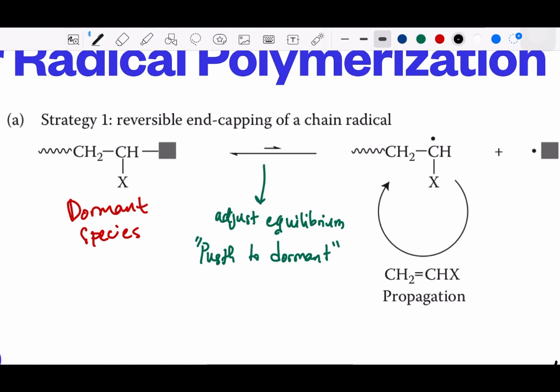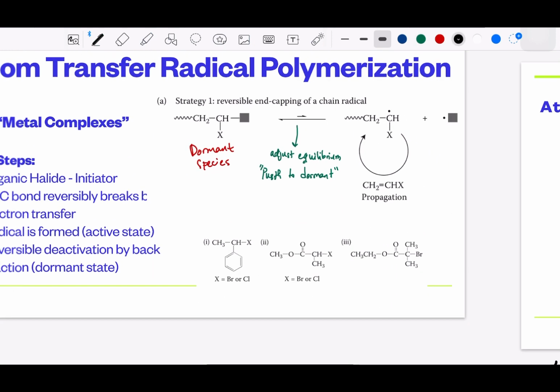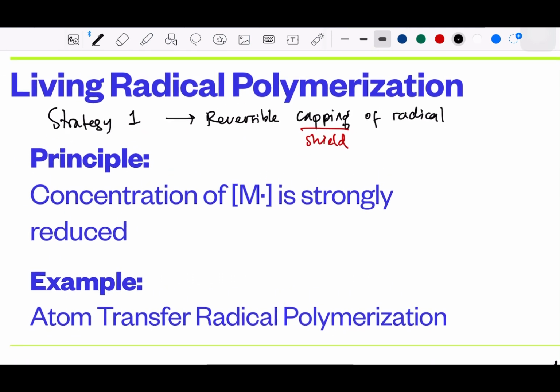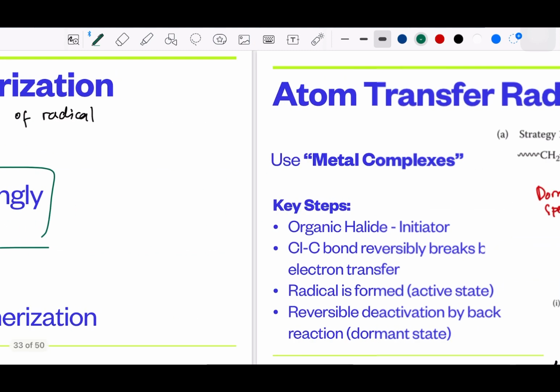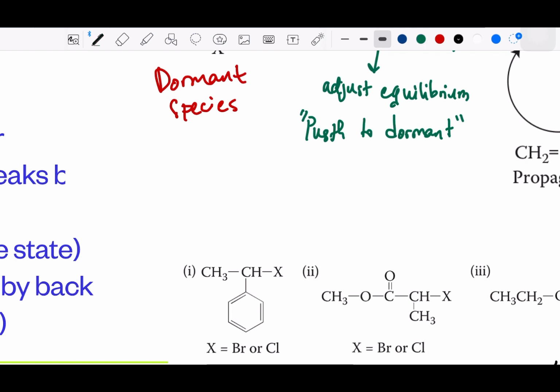And how to control this is basically what we see from this side here. So if you remember the principle, the concentration of the radical is strongly reduced. So we are going to use this to control the polymerization. If you remember, the rate of polymerization is proportional to this side.